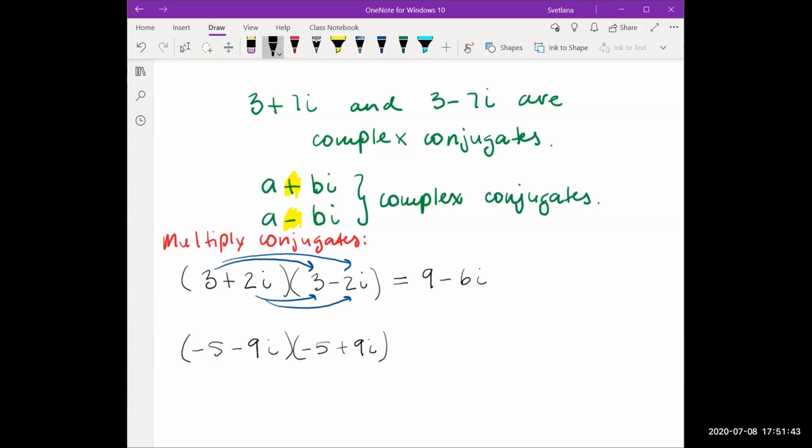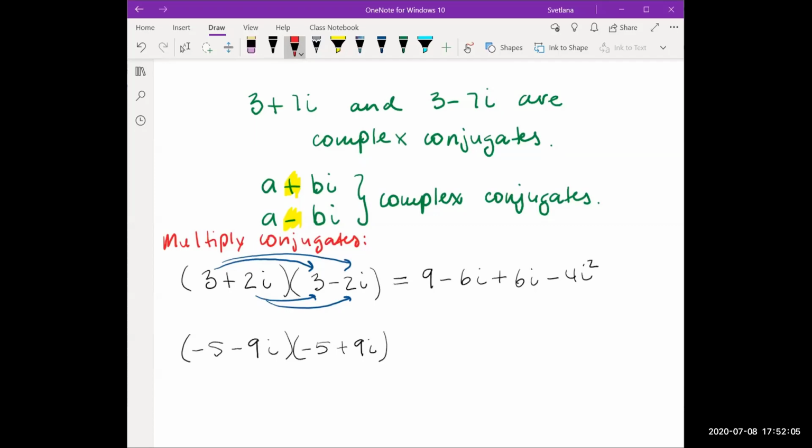Then I'm doing 2i times 3. That's positive 6i. And then finally, 2i times -2i. Positive 2 times -2, that's -4. And then i times i is i squared.